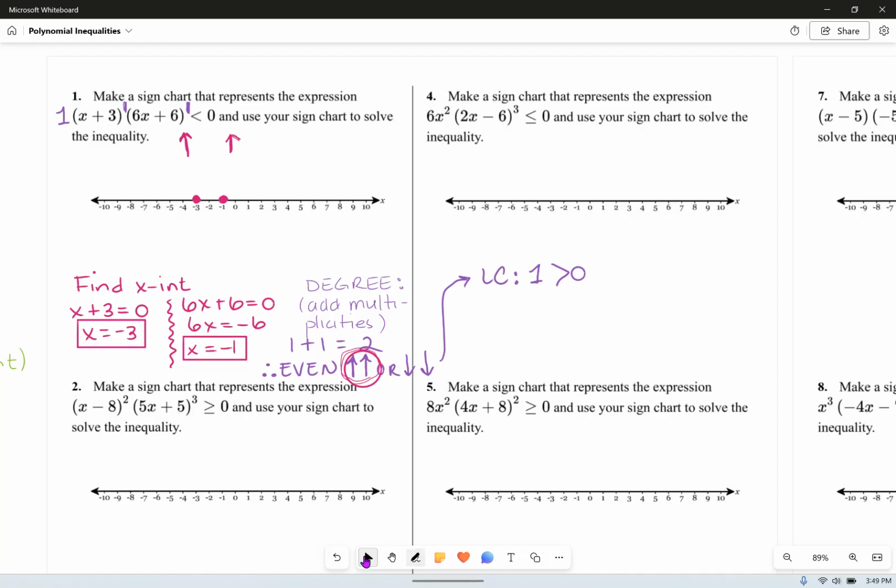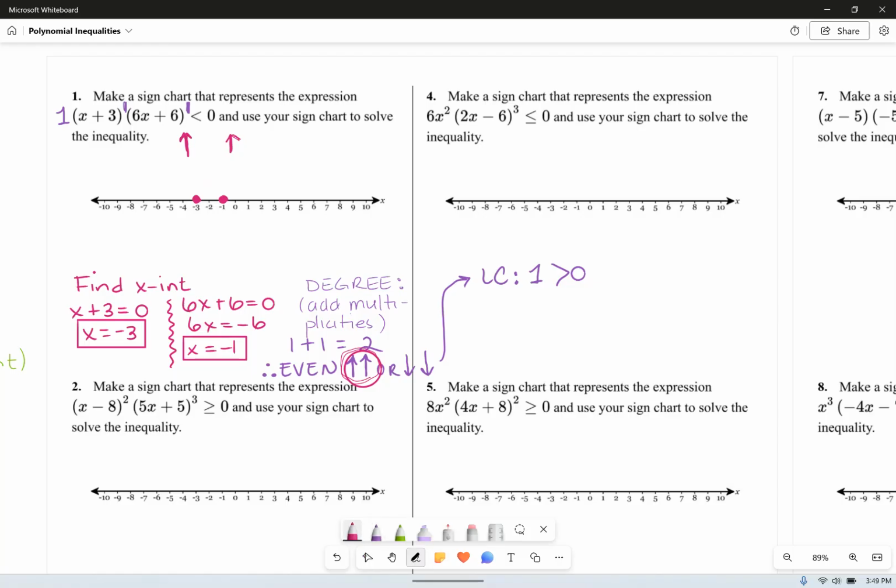So recall multiplicity helps us determine what is happening at our x-intercept. This multiplicity here is a 1, and this multiplicity here is also a 1. So what does that mean? That means our graph has to go through that x-intercept like a line.